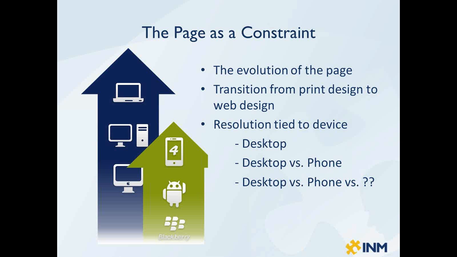Now, the problem with this is that as we advance and as technology becomes more ubiquitous, as more and more devices enter the market, we end up in a never-ending game of trying to predict what our users are doing, what devices they're using. Are they browsing on a phone? Are they browsing on a tablet? Are they browsing a desktop computer, a netbook?